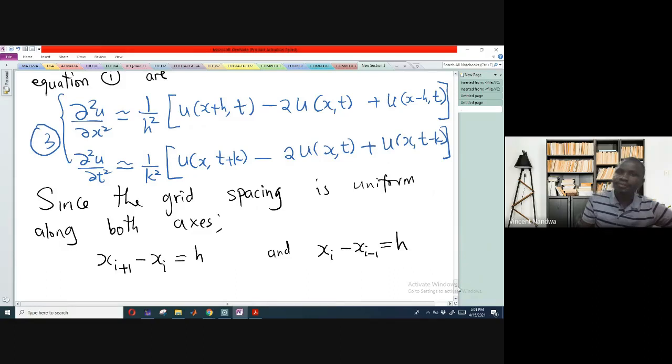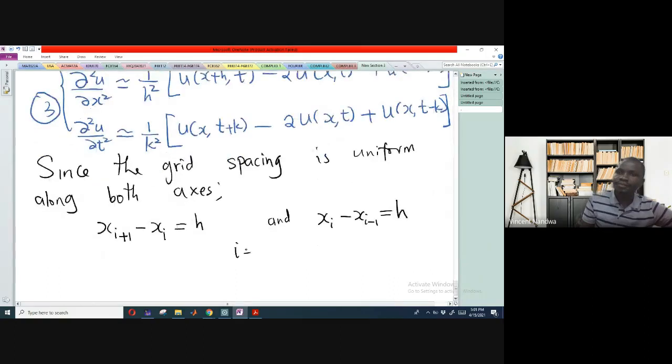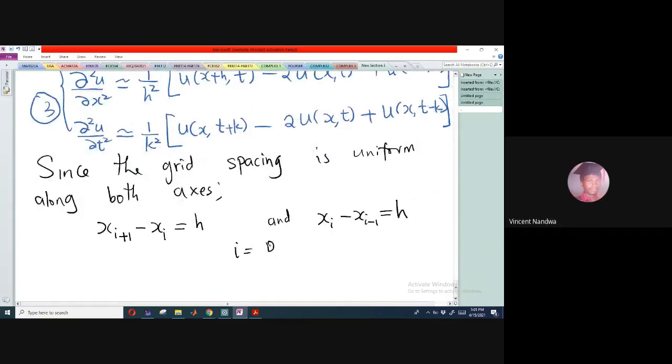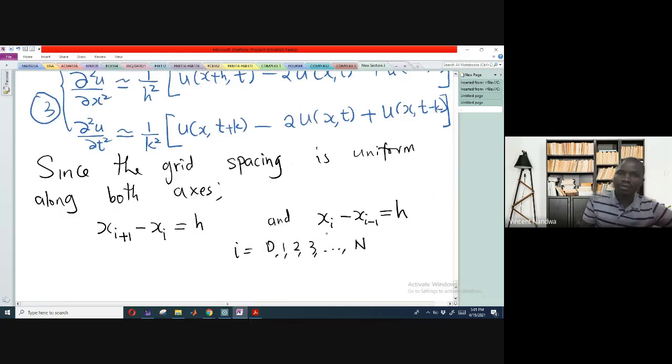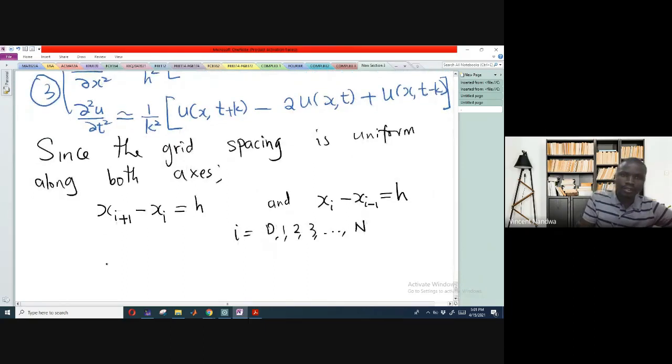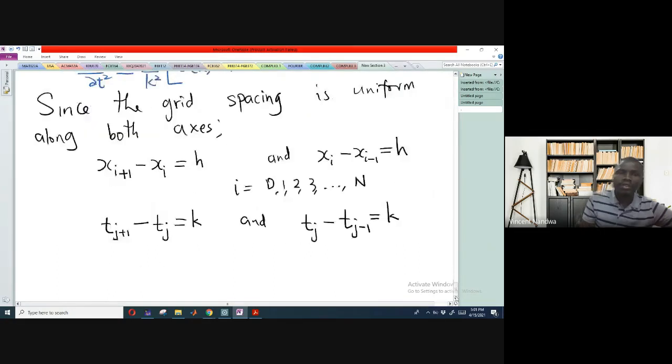This is for i running from 0, 1, 2, 3, up to the last value n, and t sub j plus 1 minus t sub j is given by k, and t sub j minus t sub j minus 1 is still k, because these are adjacent points.